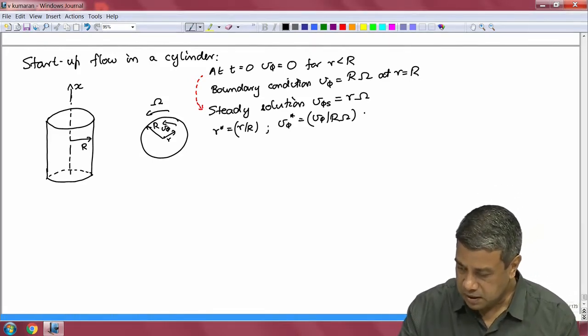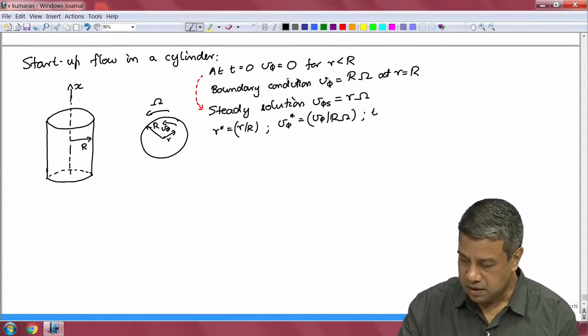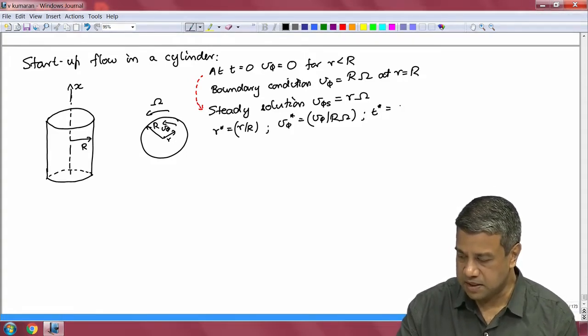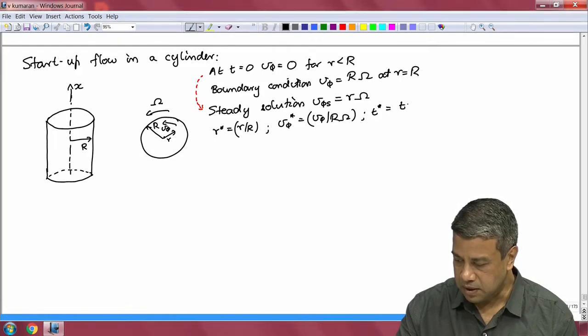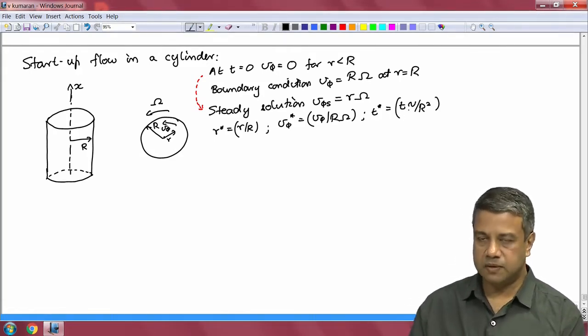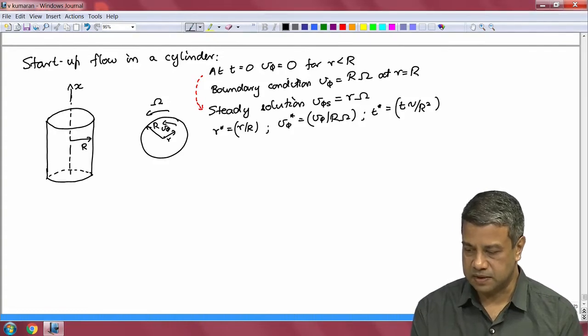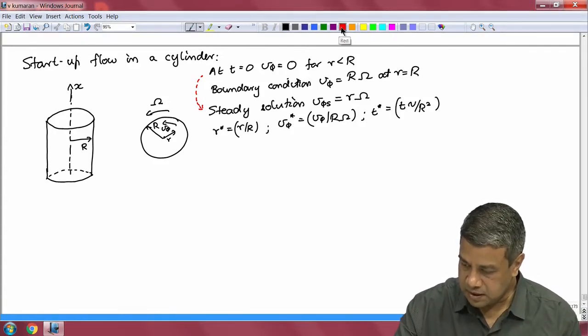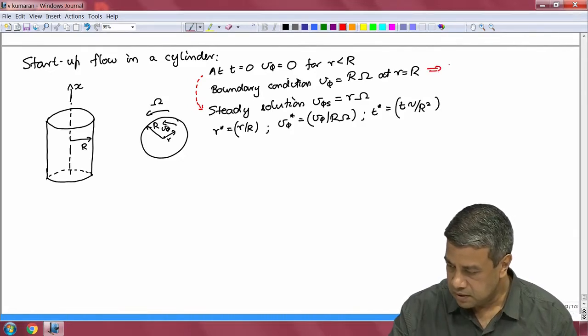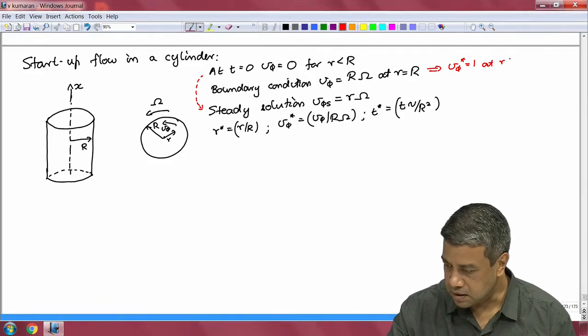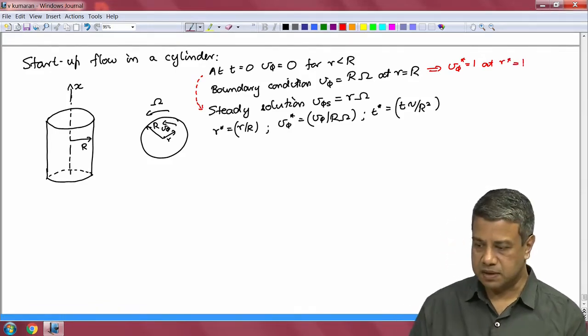If you use the diffusion time, then T star will be equal to t into nu by R square, the time for momentum diffusion over a length scale R. In case of thermal diffusion, it was alpha. In this case, it is nu, the kinematic viscosity. So, the boundary condition translates to v phi star is equal to 1 at r star equal to 1.